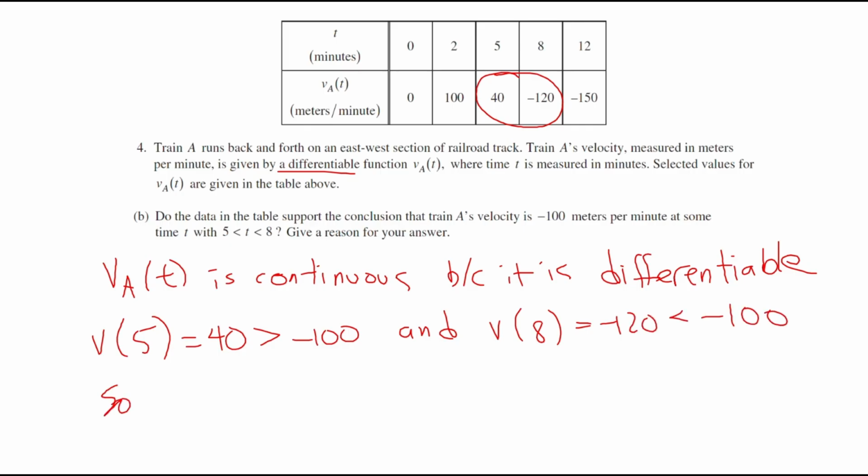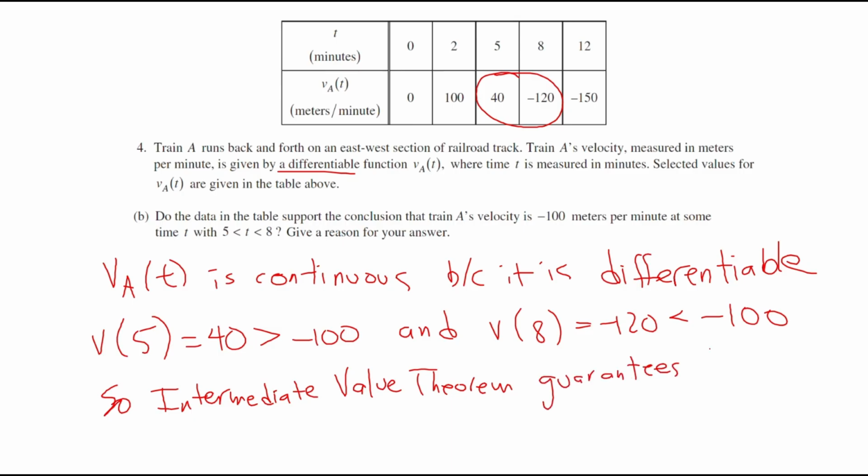So since it's continuous and it goes from above negative 100 to below negative 100, we could say that the intermediate value theorem guarantees that v sub a of t is equal to negative 100 somewhere on the interval from 5 to 8.